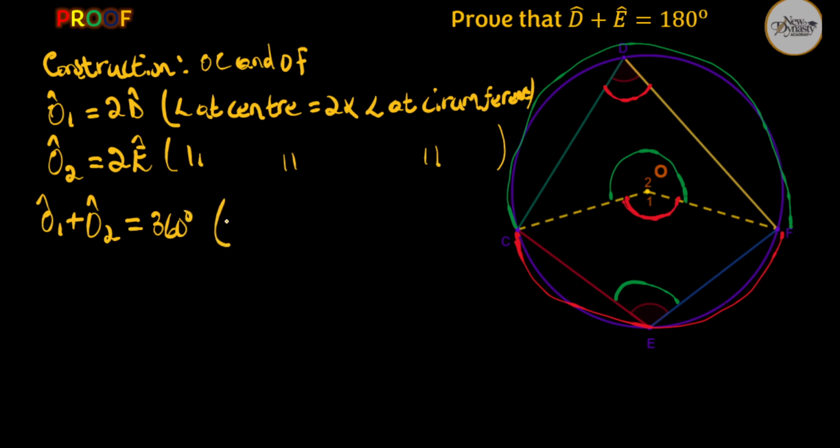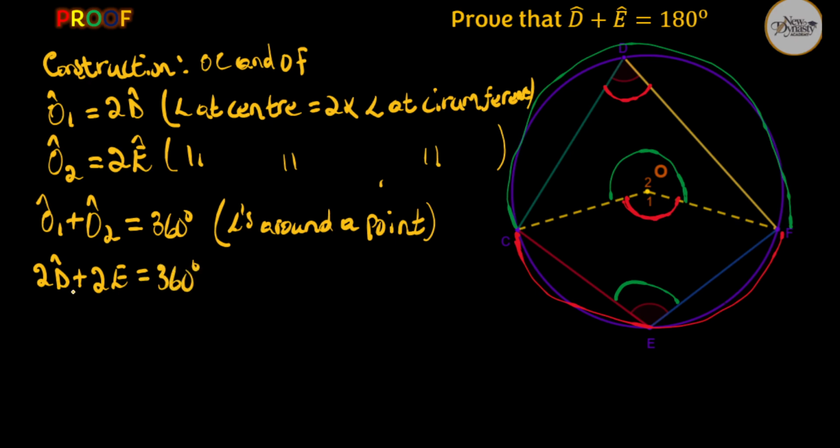Why does it give 360 degrees? It is because those are angles around a point. But what is O1? O1, remember, is 2D and O2 is 2E. So instead of O1 and O2, we can just write 2D plus 2E.